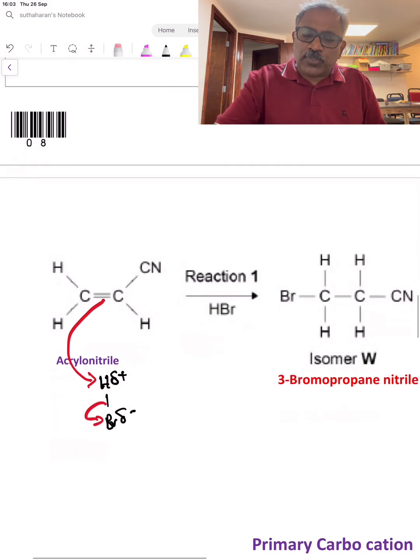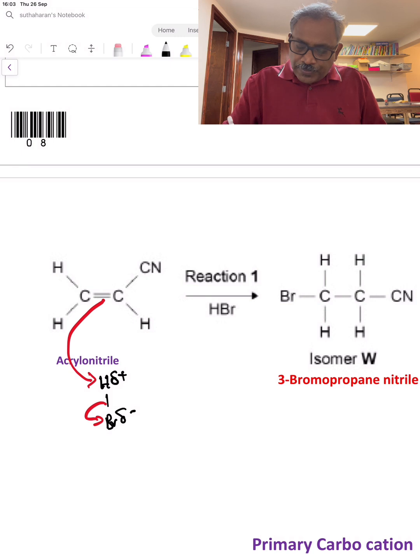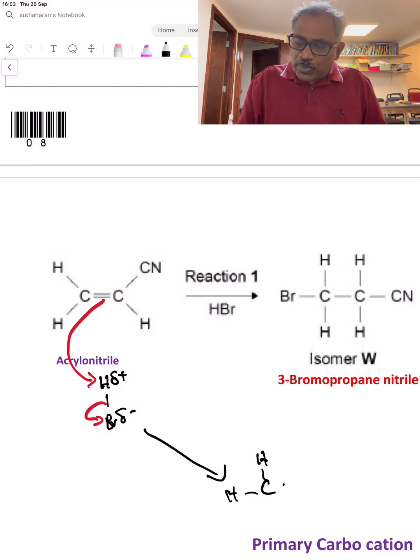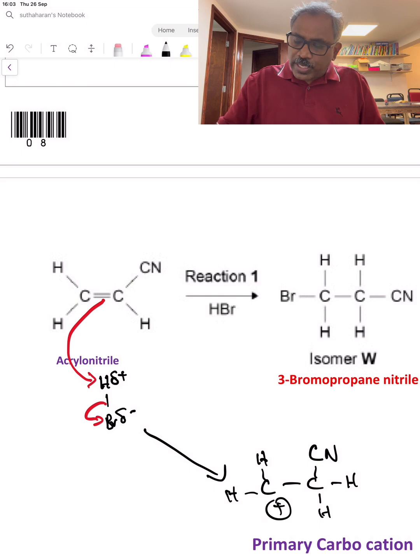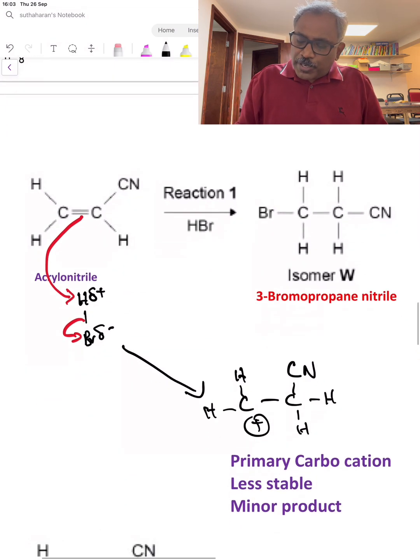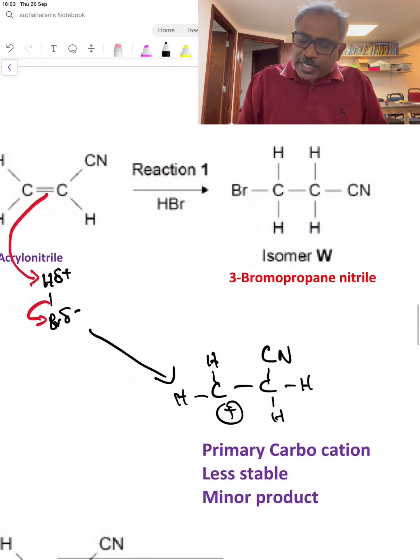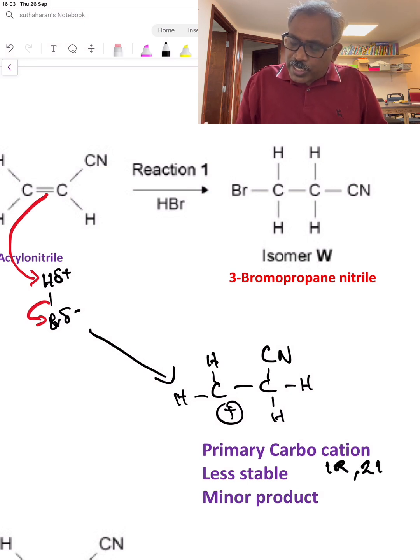Therefore, the intermediate formed is a primary carbocation. Primary carbocation has 1 R group and 2 hydrogens attached to it.